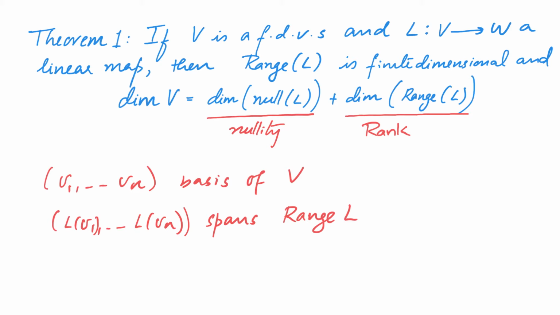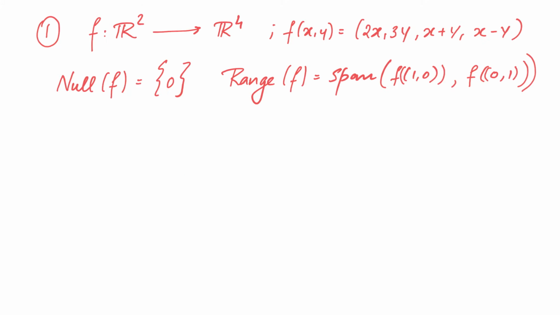But before going to the proof of the theorem, let us understand this theorem using the two examples that we had seen in the last video. The first example that we saw in the previous video was not that interesting. This is because, as you would recall, the null space of this function was the singleton set 0.